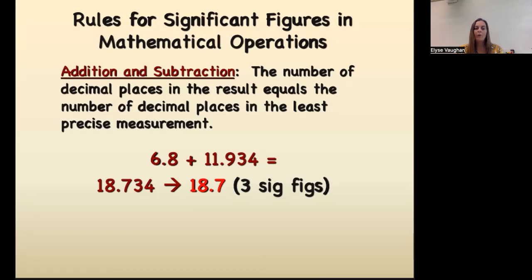So when we're adding or subtracting, we can only be as precise as our least precise number, and that's really about decimal places. Even though this number has 2 significant figures and this number has 5 significant figures, my answer is going to have 3, because it's not about the number of significant figures, but the placement. What place in the number are they?